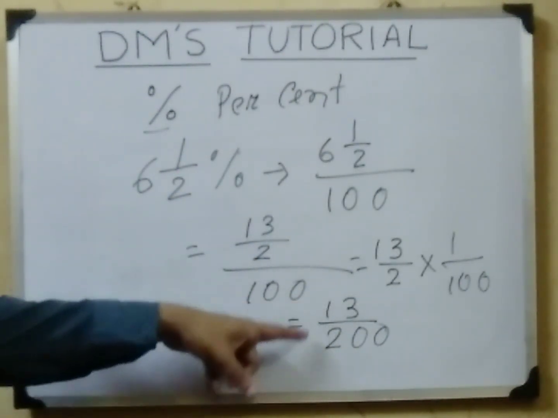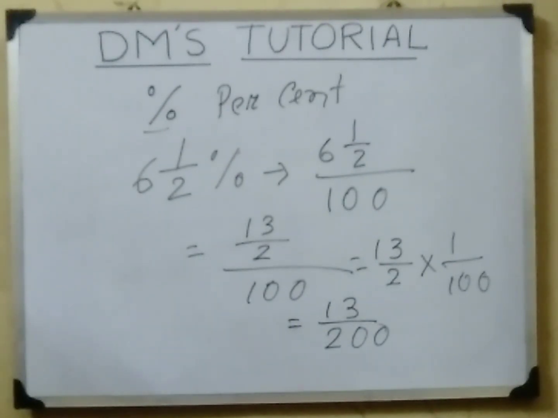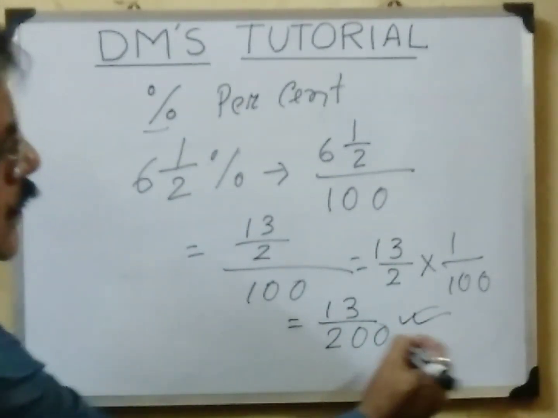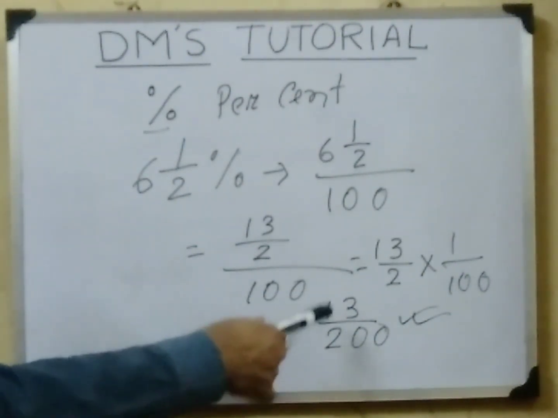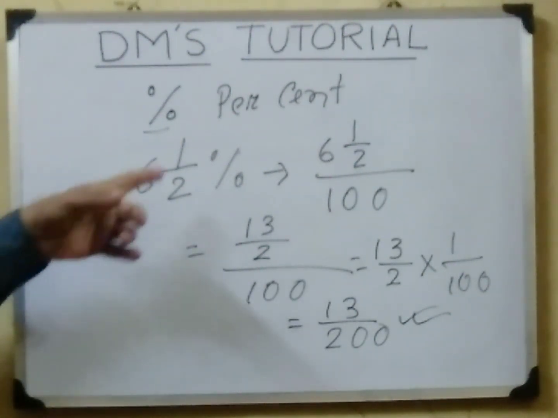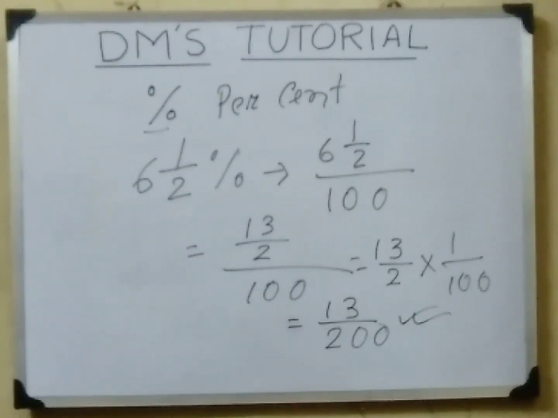See here, 13 and 200 are prime to each other. So this is the answer. We cannot simplify this anymore. So this is the answer, 13 by 200. 6.5% means 13 by 200.